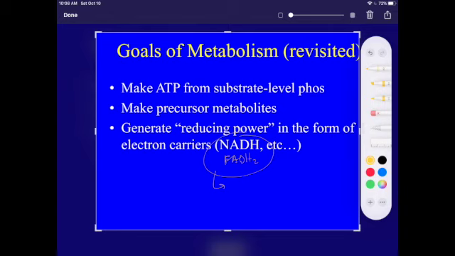So one of the goals of metabolism for any cell is to generate reducing power so that they can make ATP from NADH and FADH2, used for oxidative phosphorylation. There we go. So this is revised.